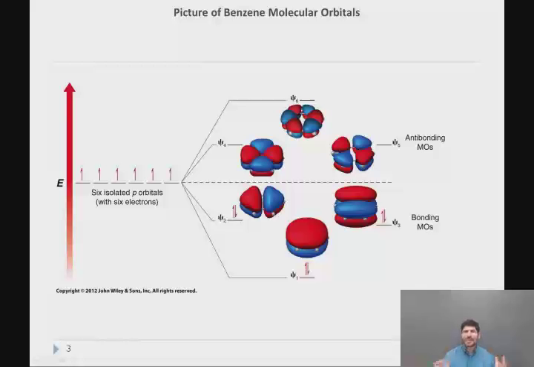That explains the extra special stability associated with the benzene molecule. As I've said, there are many molecules other than benzene that are aromatic, and what we need to do next is start to consider, if we look at a structure of a molecule, can we tell whether it's going to be aromatic or not without actually having to construct a molecular orbital diagram? We'll do that by looking at something called Huckel's rule.